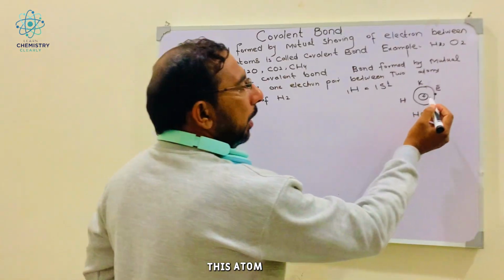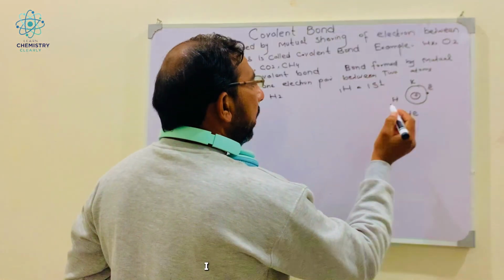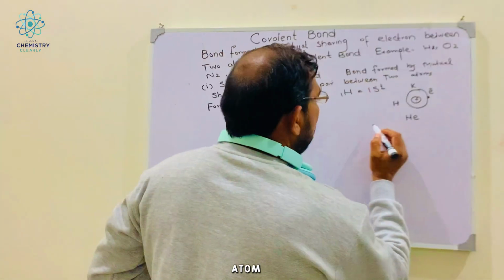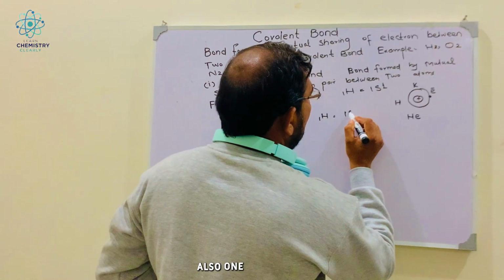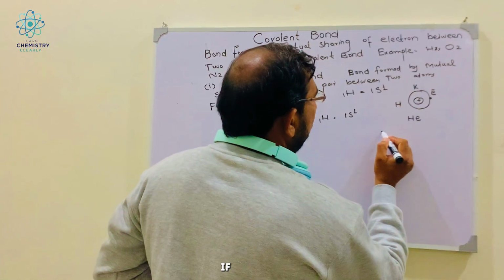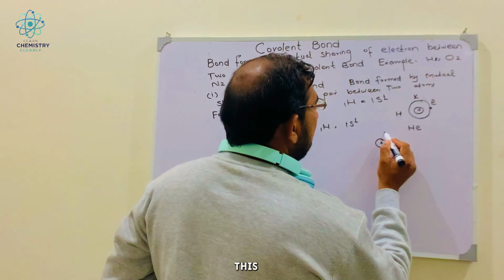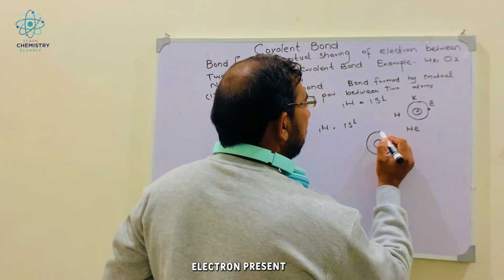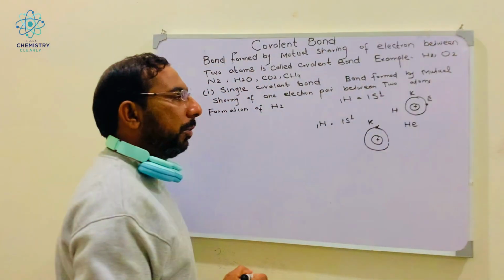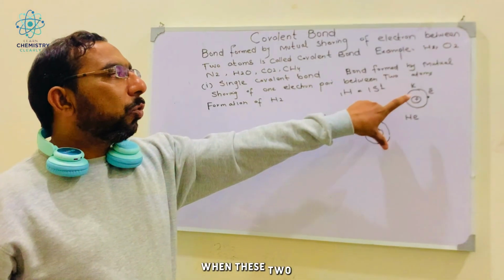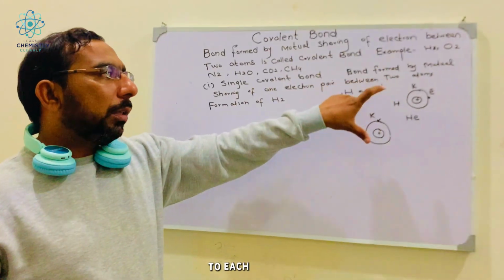Now this atom has one electron. The other hydrogen atom also has one electron, 1s1. If I draw its structure like this, it has one electron present in the K shell, and I express it with a cross. Now these two atoms come close to each other.